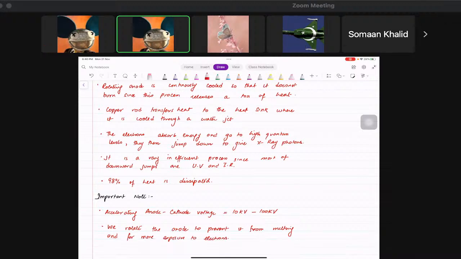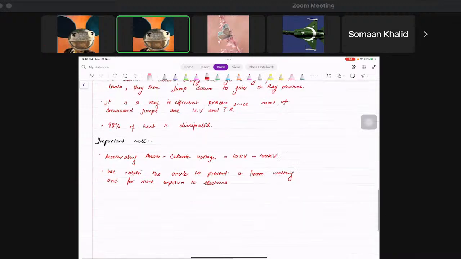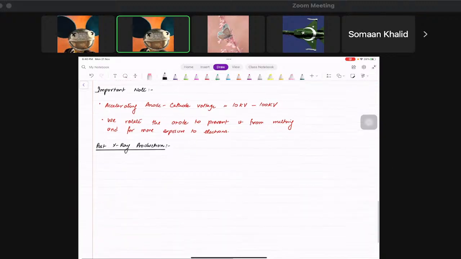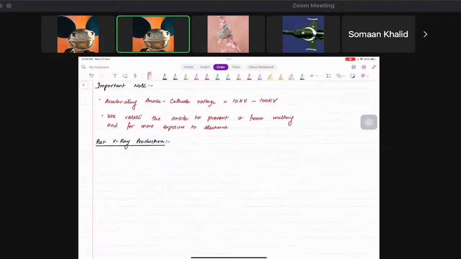The next sheet, basically. Now we're going to start with the post X-ray production. So when the X-rays are produced from the tungsten metal, there are a couple of factors that we need to see. One by one we're going to look at those factors. The first factor that we're going to talk about.